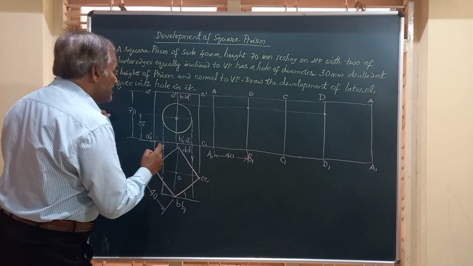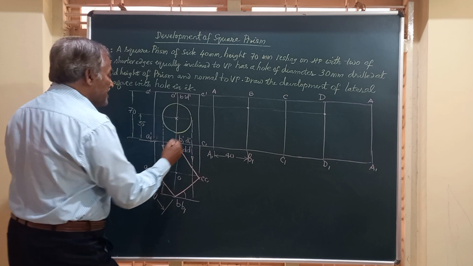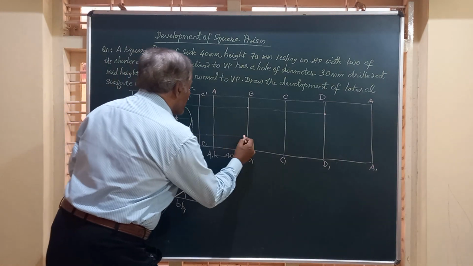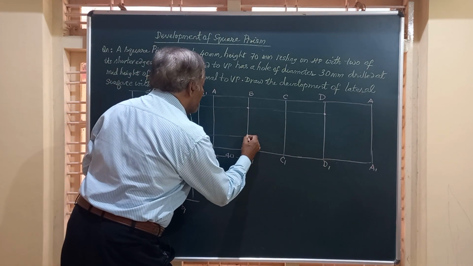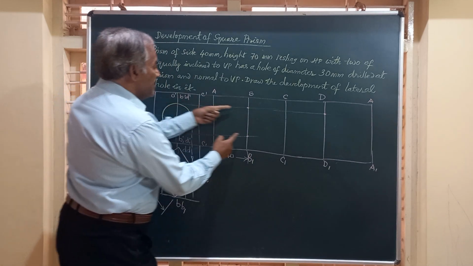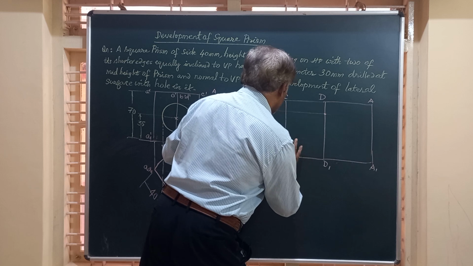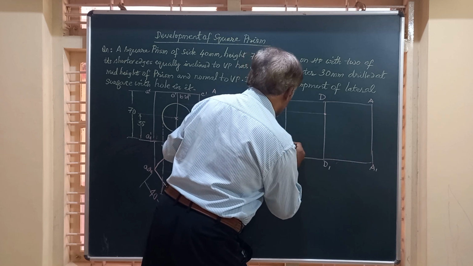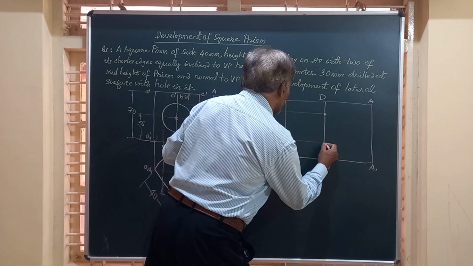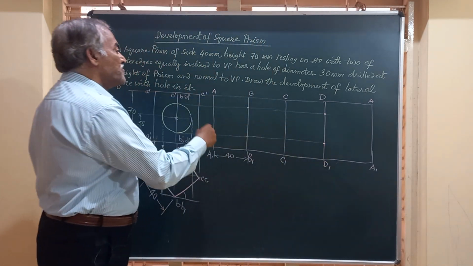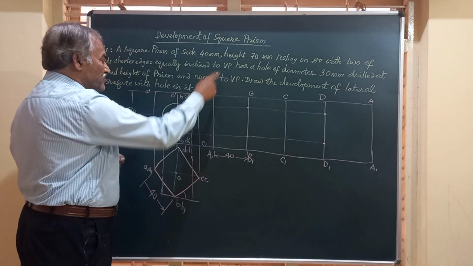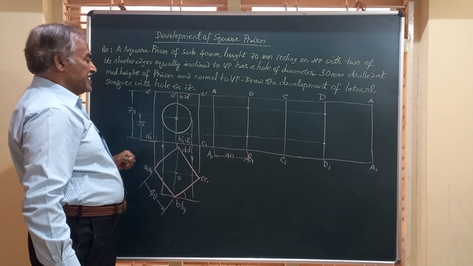Likewise, the bottom of the hole is cutting the same BB and DD, and very obviously this diameter is equal to this diameter. Again I am going to extend it till the last and get this value. So these are the two points on the vertical edges BB and DD.